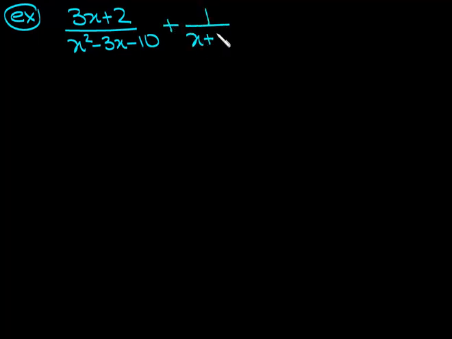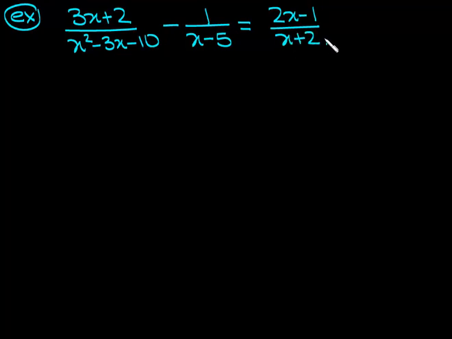Let's say you have 3x plus 2 divided by x squared minus 3x minus 10, minus 1 over x plus 5, is equal to 2x minus 1 over x plus 2.